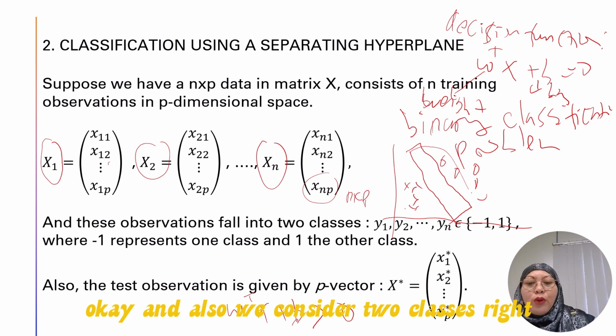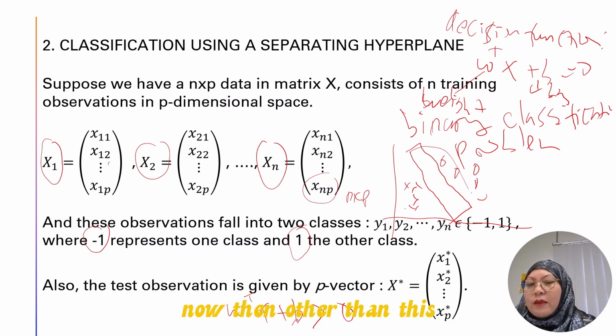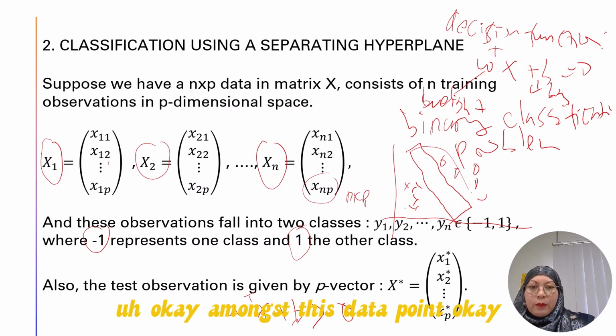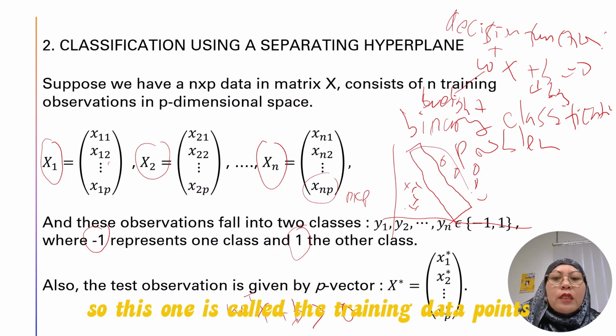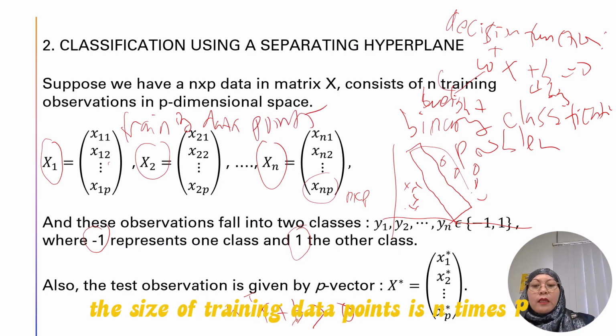And also we consider two classes, which are denoted by +1 and -1. Now, amongst this data, this one is called the training data points. Let's say the size of the training data is n times p.